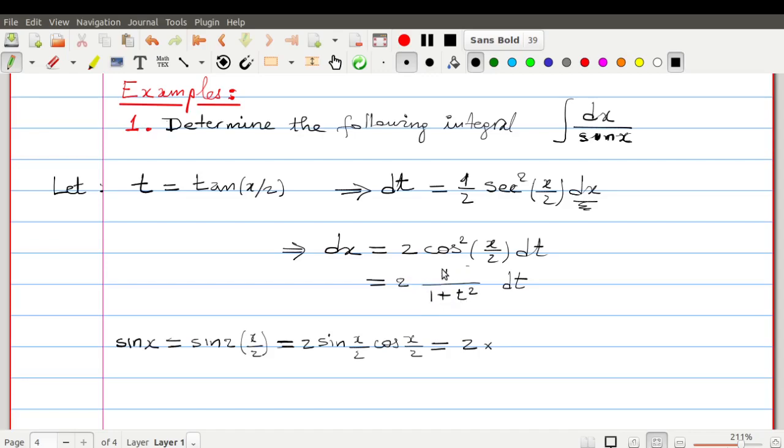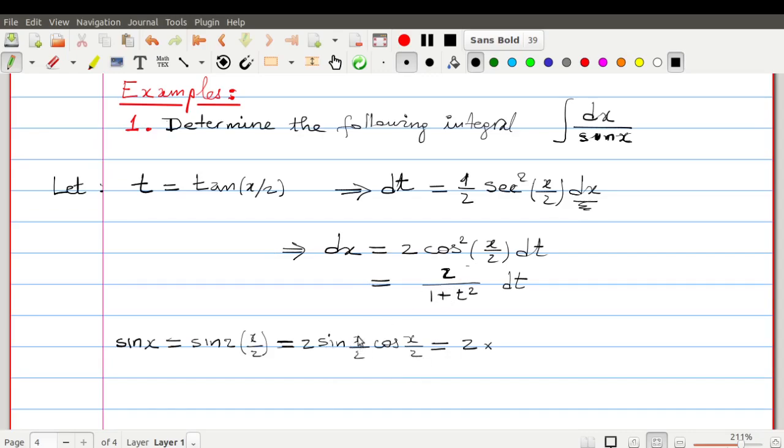So these two, I can put the 2 here on top and erase it from here. So it is correct now for the dx.